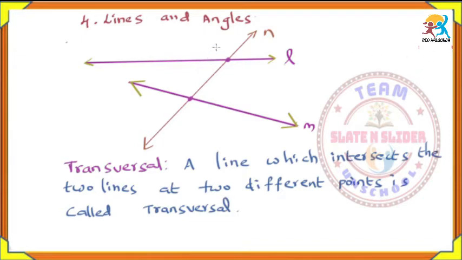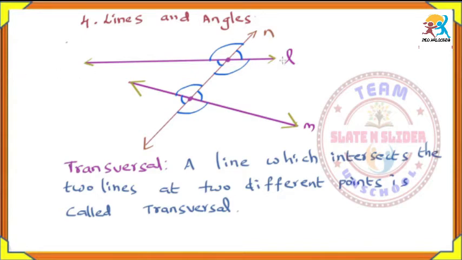When a transversal intersects the two lines at different points, then we will get 8 angles. So the 8 angles are here one angle, here another angle, here one more angle, here the fourth angle, this is the fifth angle, this is the sixth one, this is the seventh one, and it is the eighth angle.